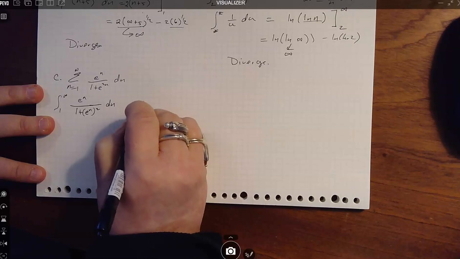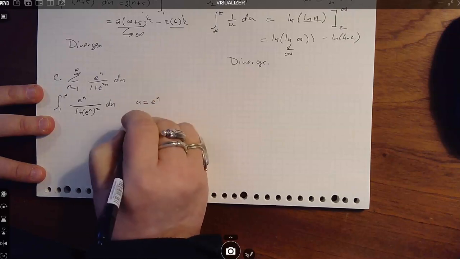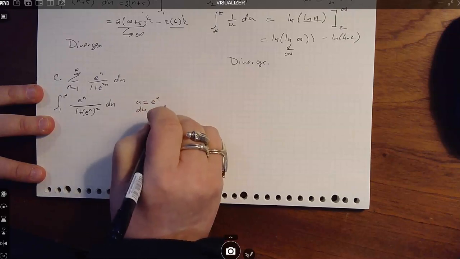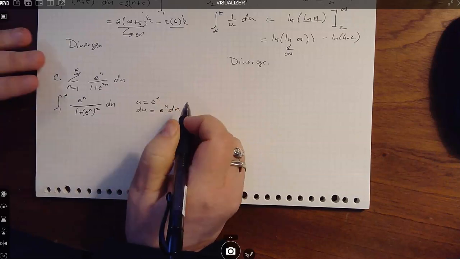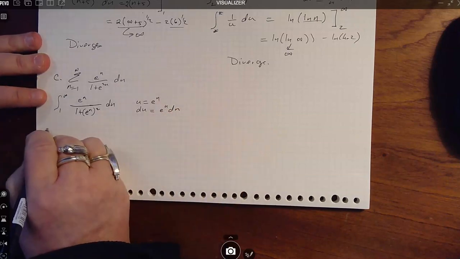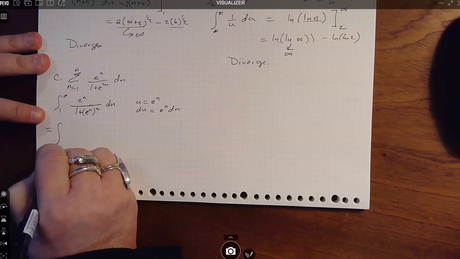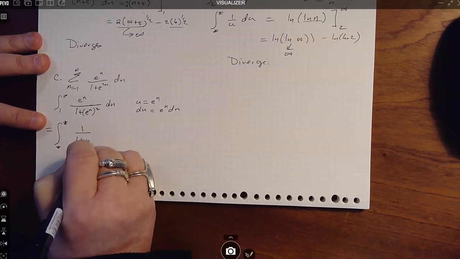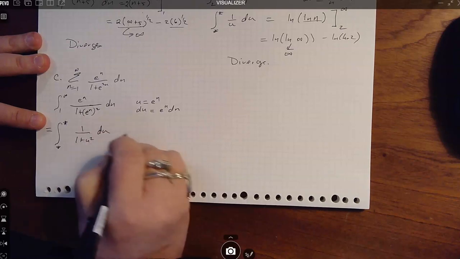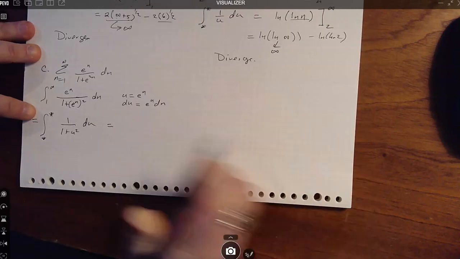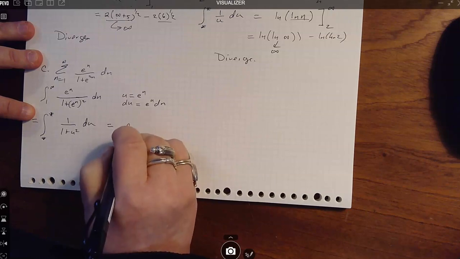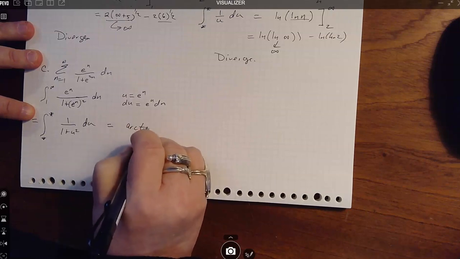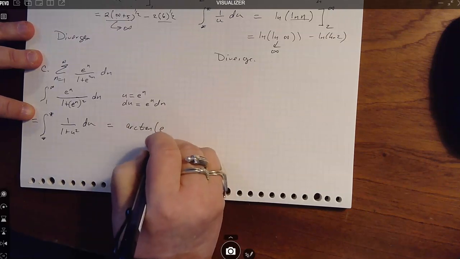If I let my u equal e to the n, the derivative is e to the n dn. So this becomes the integral of 1 over 1 plus u squared du. And 1 over 1 plus u squared is arctan of u, which is arctan of e to the n.